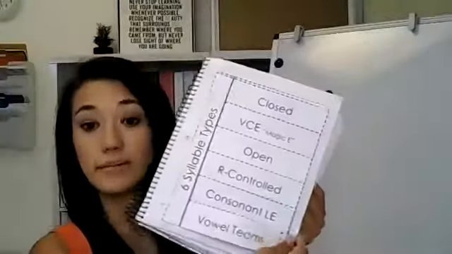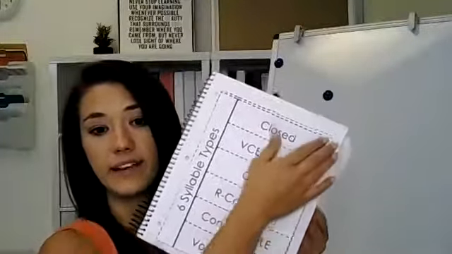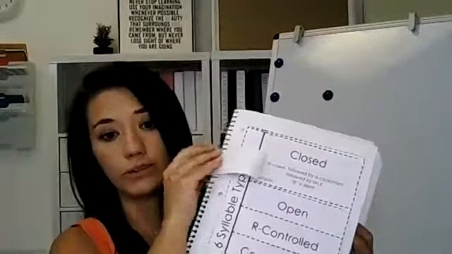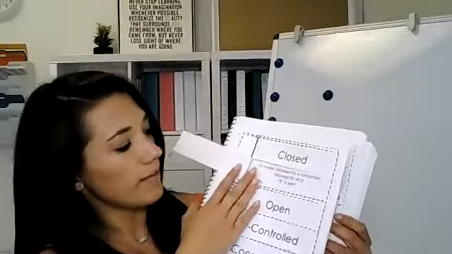We use it to teach all of our syllable types. So you've got the 6 different types here, and then behind them, it just gives you the rule. For example, VCE or Magic E is when you have a vowel followed by a consonant, followed by an E. The E is silent. And then you've got a space for examples, so your students can write in words with that example. This is a really great way to keep them engaged.